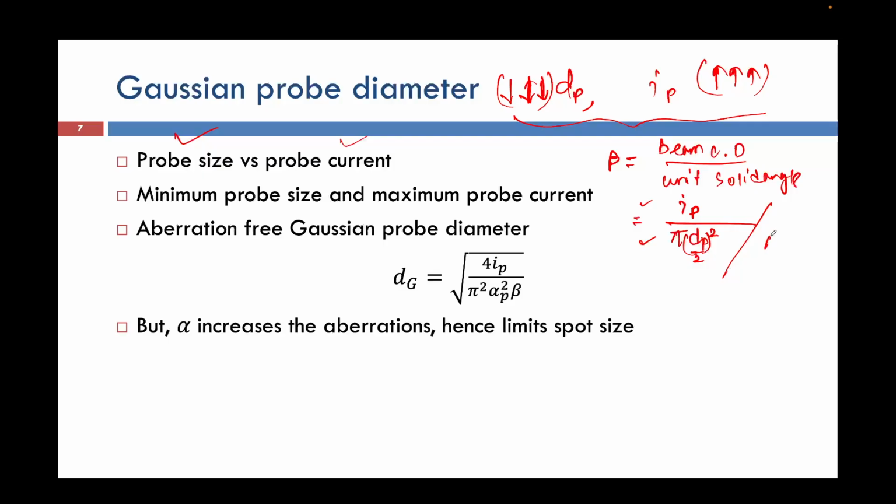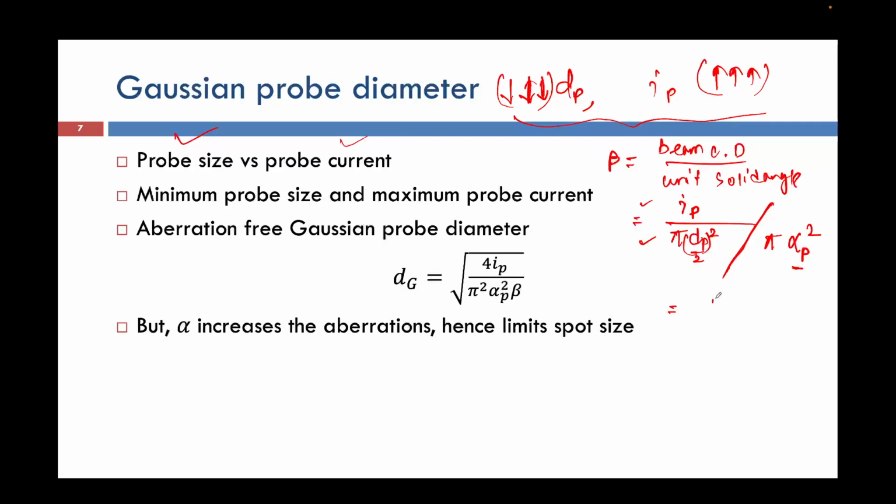The unit solid angle will be given by the convergence angle, which is alpha. Now that I am talking in terms of the electron probe, I will be talking in terms of alpha p. So this convergence angle, if I rotate it in 3 dimensions, will give me my unit solid angle, right?